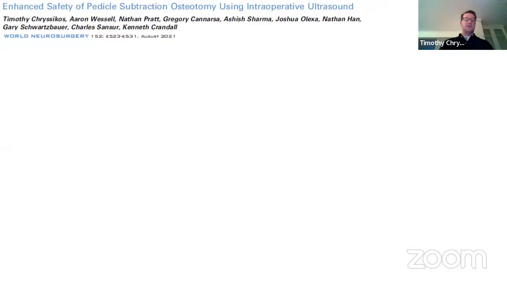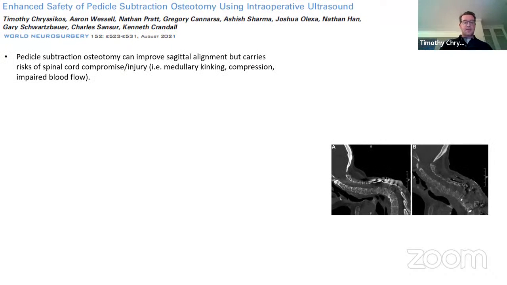Just moving on, this is an article we actually put out, trying to apply this specifically to pedicle subtraction osteotomy. In our article, it's well known that PSO can improve sagittal alignment, but there's significant risk of neural element injury.